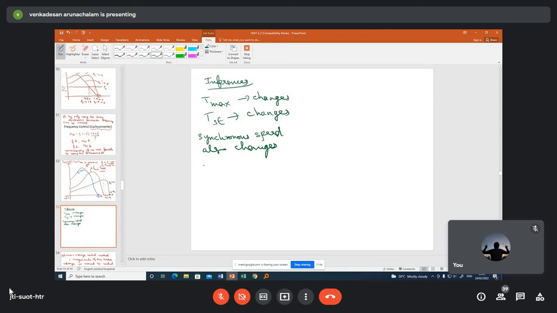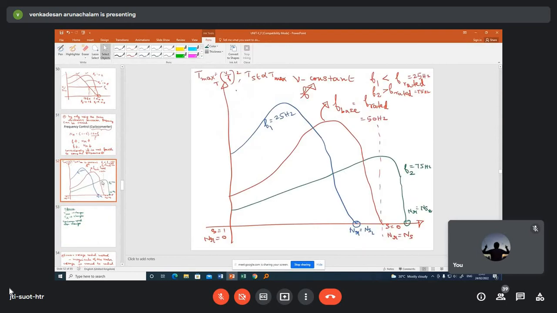But what about the speed control range? If you look at the speed control range, to understand that, you have to draw the load torque speed curve. For example, if you assume this is my load torque, you assume the load torque is constant like this.